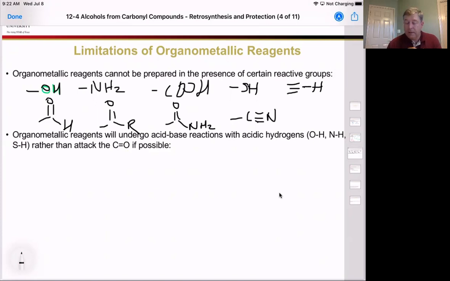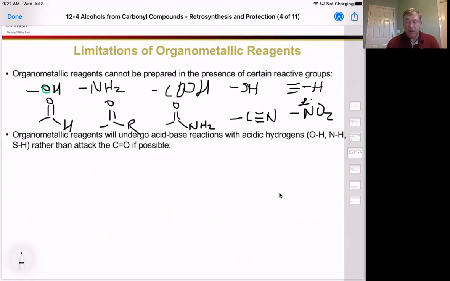And in addition, you cannot react anything with a nitro group because the nitro has a partially positive nitrogen here, and the organometallic reagent will attack the nitrogen. Okay. So that being said, there is slight specificity in the system in the fact that you can react one group over another. For example, aldehydes will react faster than ketones, but it's very hard to use that specificity.